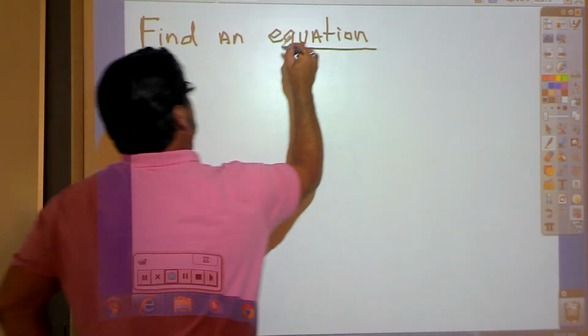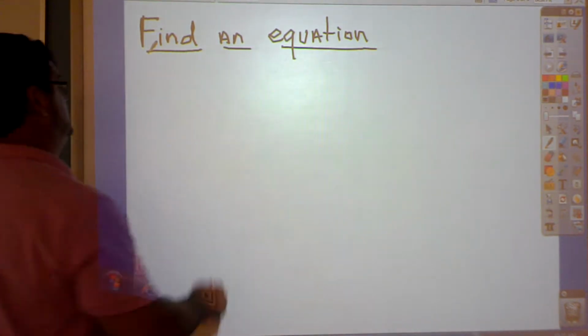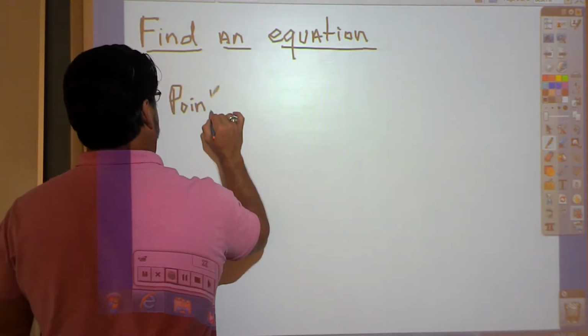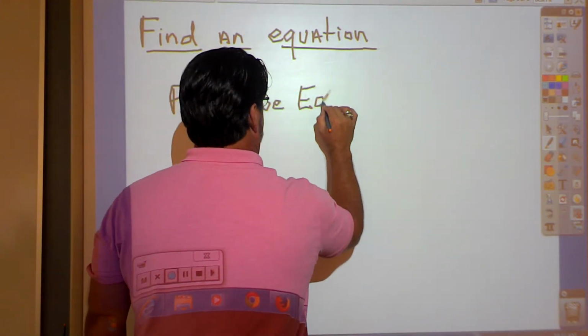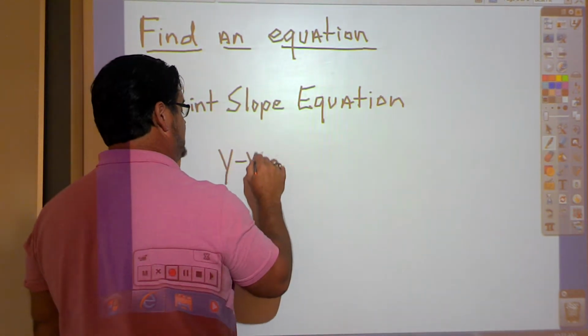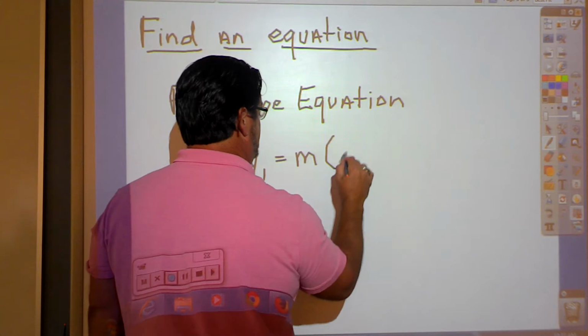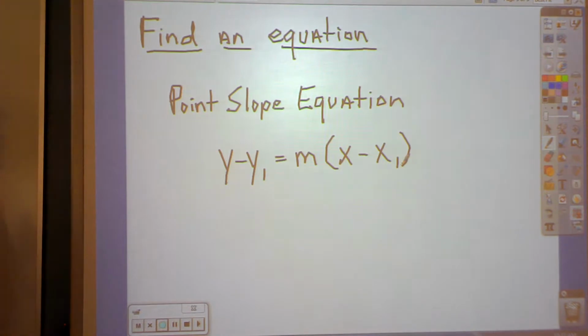When you see these three words, you're going to use the point-slope equation. y minus y sub 1 is equal to m times x minus x sub 1. Now, that's the third most important thing to memorize. The first one is the general form of a line. The second one is the slope equation. And the third one is the point-slope equation.